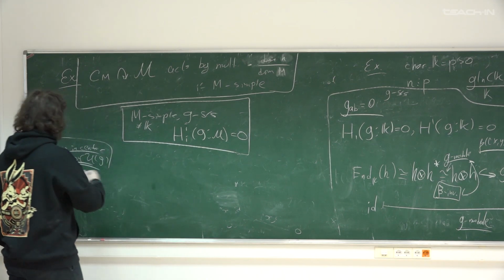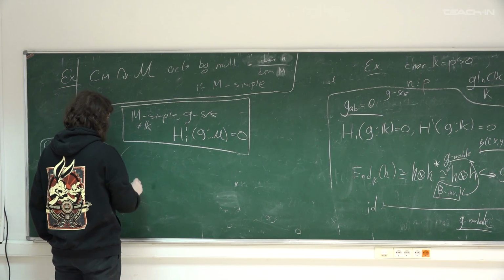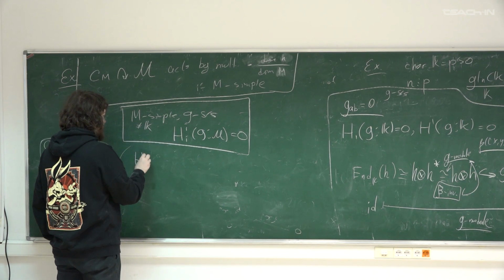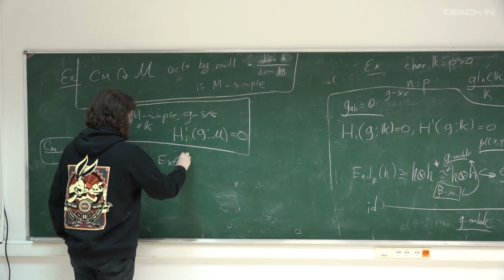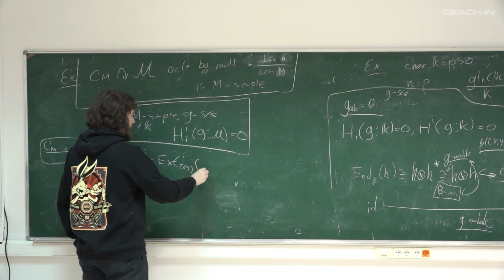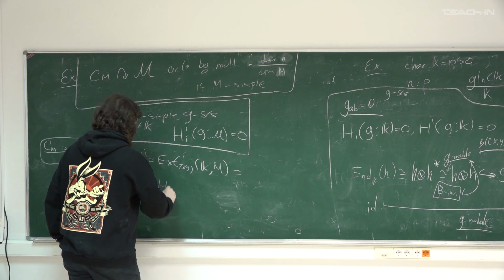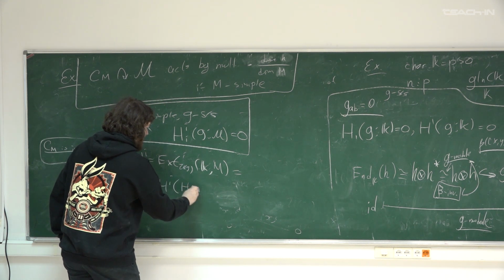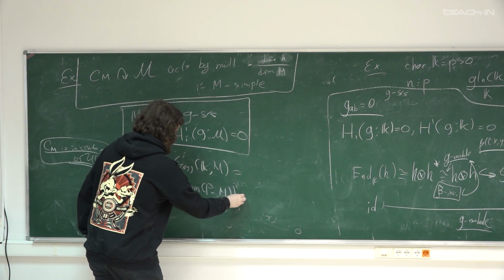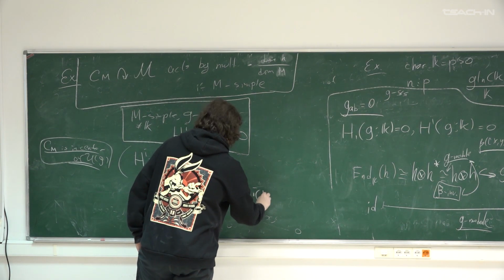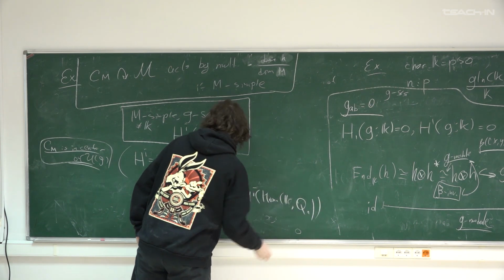Now it's an easy consequence of these facts on the board, because, for example, cohomology is Ext over UG between k and m. It's the cohomology of Hom of some projective resolution to m, or cohomology of Hom of k to a projective resolution of m.